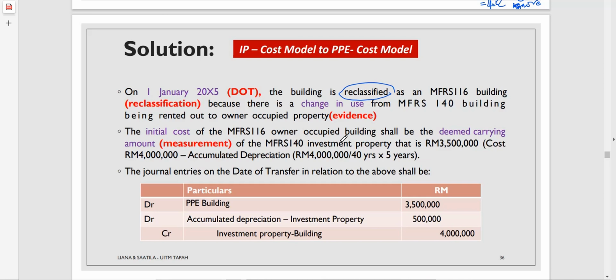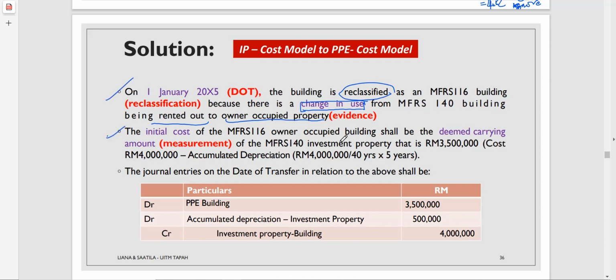Why? Give the reason: because there is a change in use from a building that was held to be rented out to becoming an owner-occupied property. So that is the evidence that there is a change in use. Remember, you can only do the transfer if you can prove there is a change in use. So that was the first part of it.